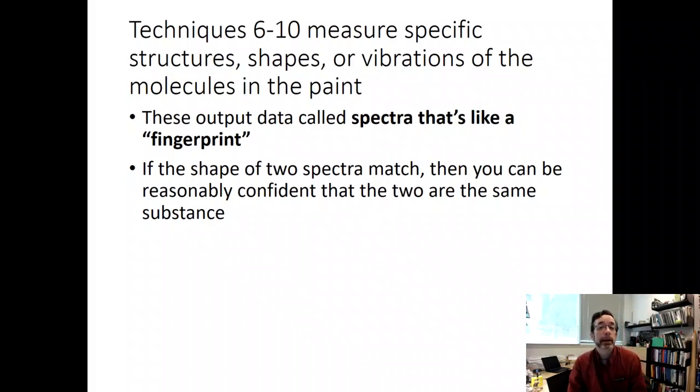I call these spectra like a fingerprint, because you're comparing the shapes of the spectra. You're not as confident with this because it's not a yes-no thing. You have to compare the shapes and say, is shape A more like shape B, which I know is substance B, or shape C, which I know is substance C?